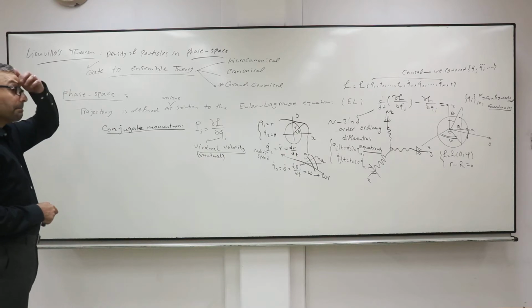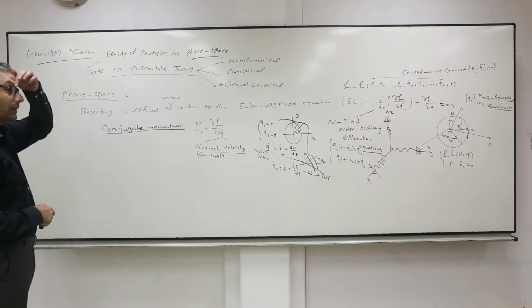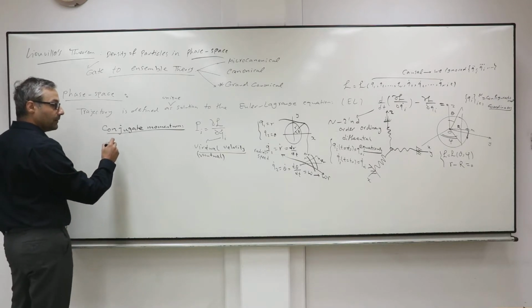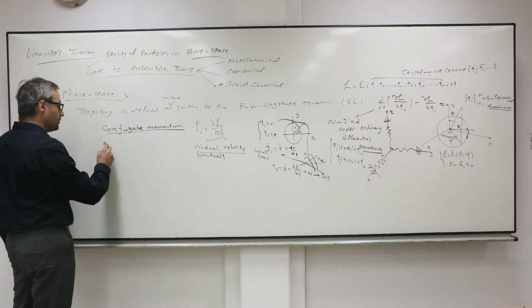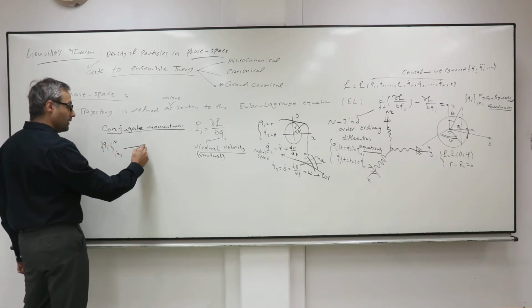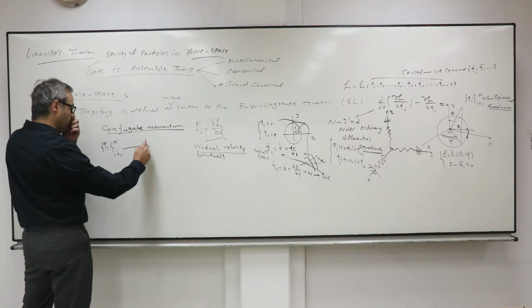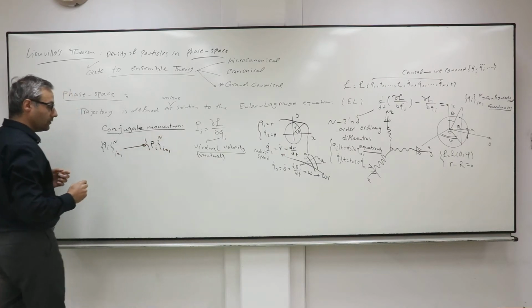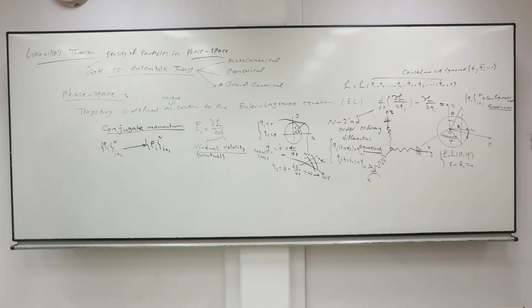Anyway, I want to pass quickly from that. So using the conjugate momentum, if you have coordinates q_i, the number of coordinates is 1 to n. Corresponding to each of them, you have one conjugate momentum for each one.